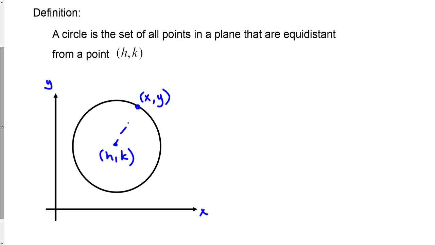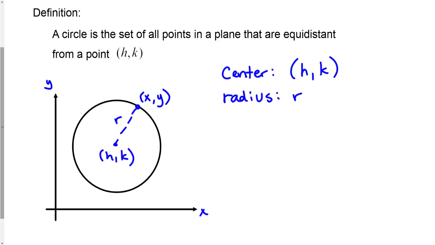So this distance here, which we call r, the radius of the circle, is the same all the way around. So the center is located with the coordinates hk, and the radius, lowercase r.